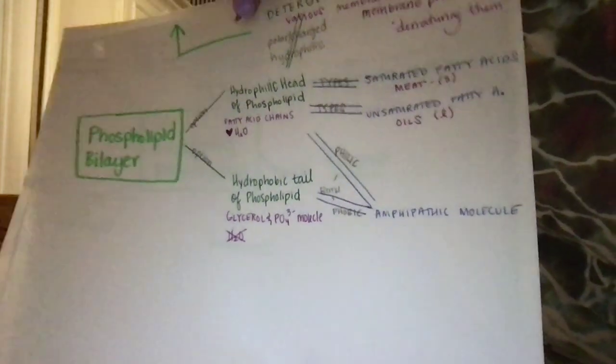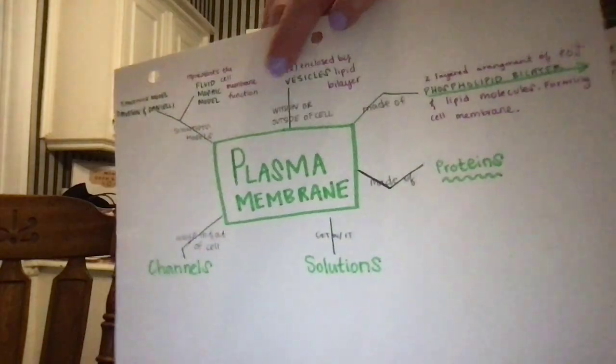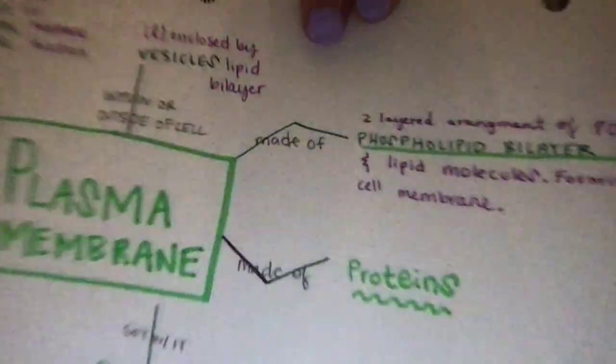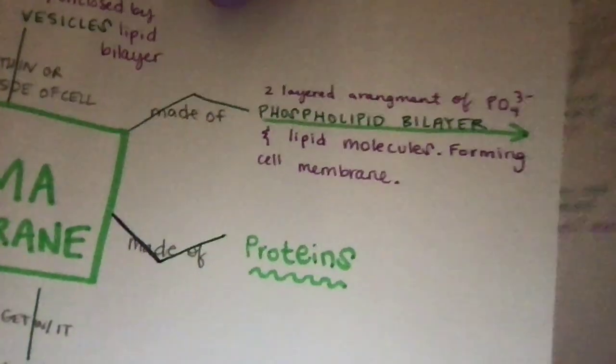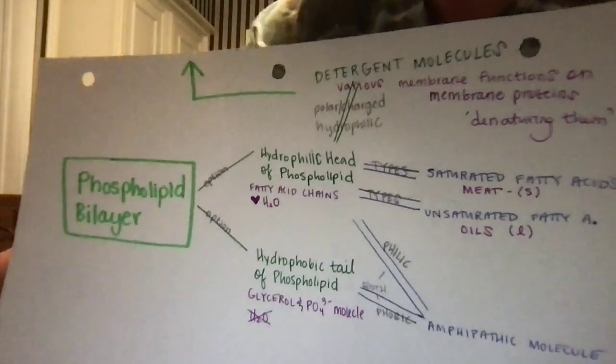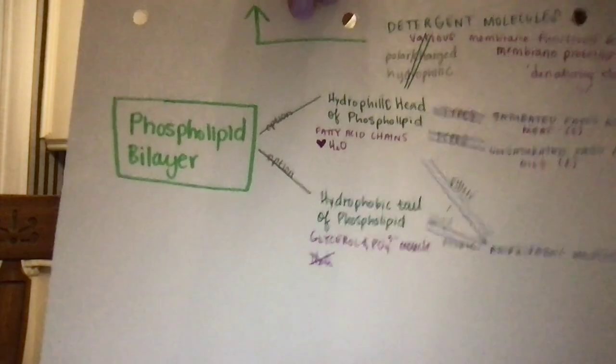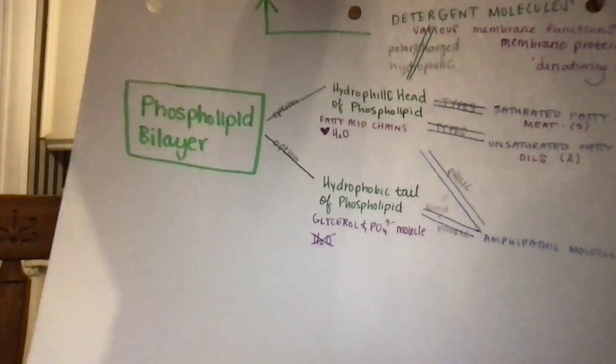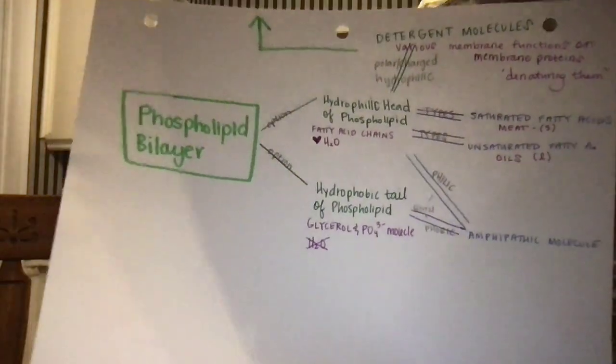Going on to the phospholipid bilayer. Here we have the hydrophilic head and the hydrophobic tail.